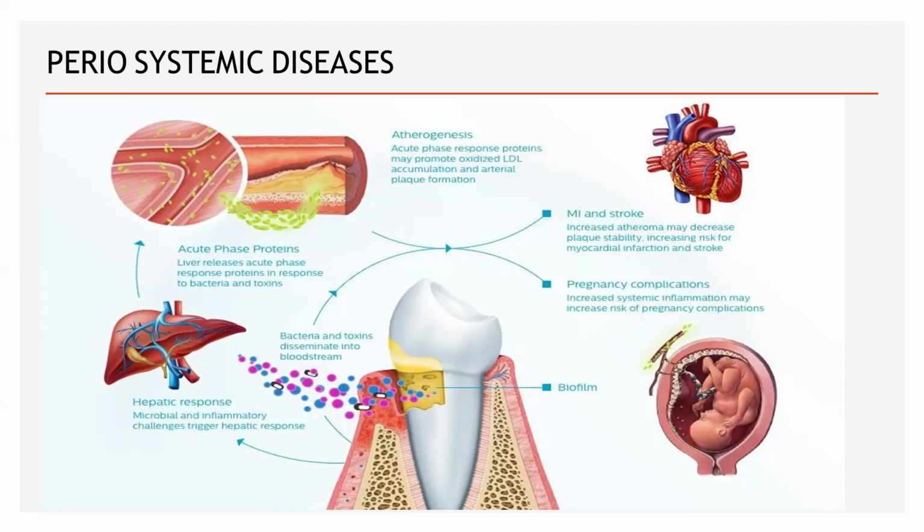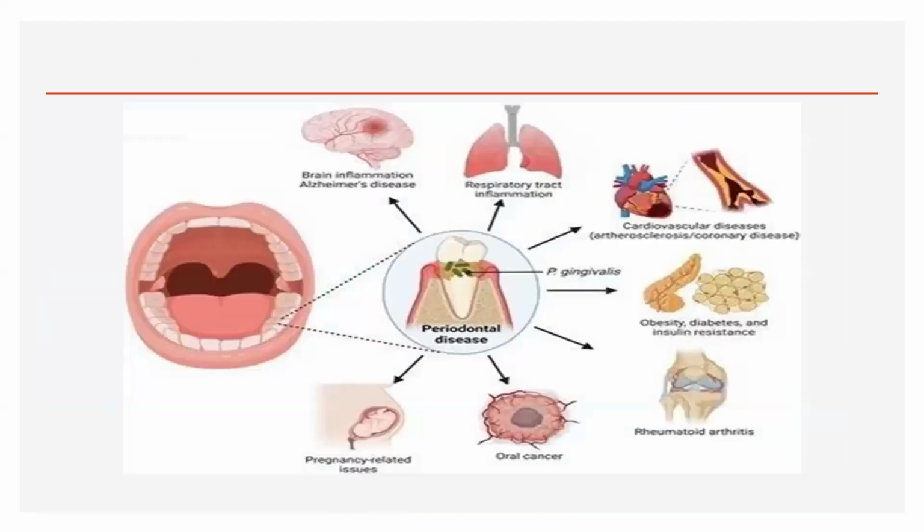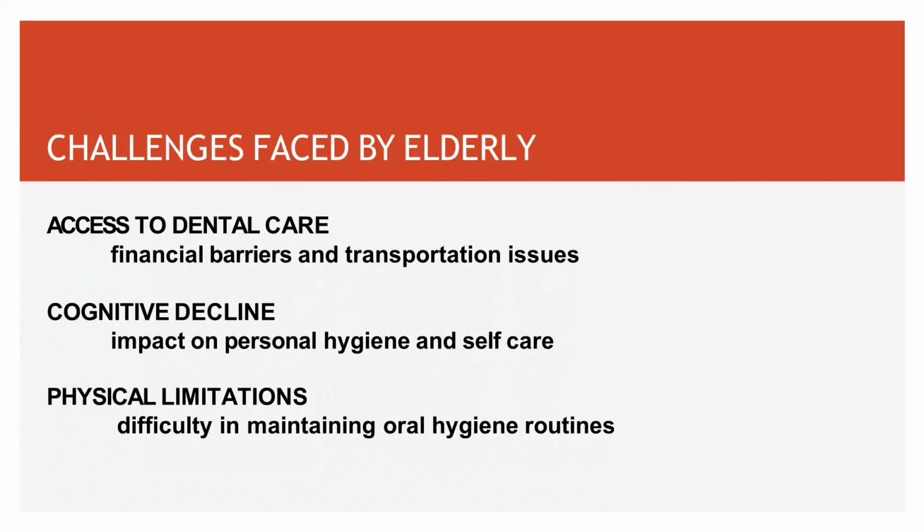These acute phase proteins may promote oxidized low density lipoprotein accumulation and arterial plaque formation. This further leads to increased chances of MI and stroke, and also it can lead to various complications of pregnancy. So this diagram shows periodontal disease and its impact on various systemic conditions.